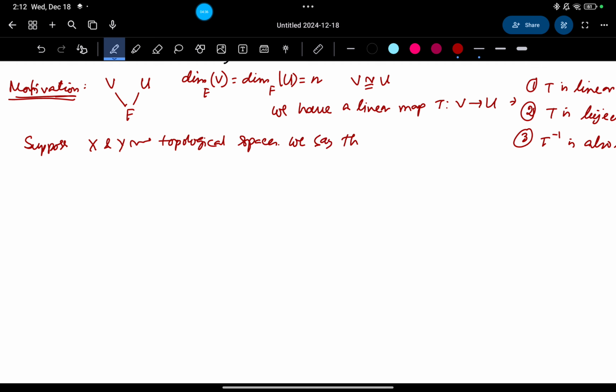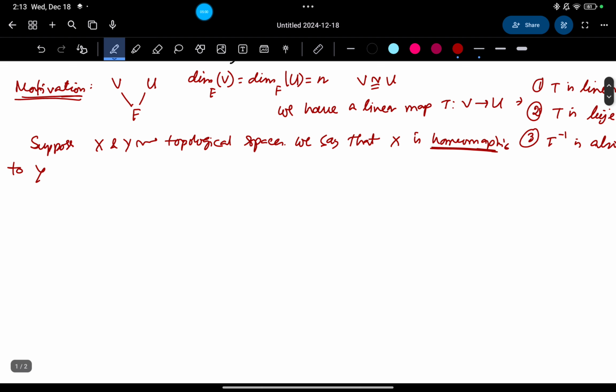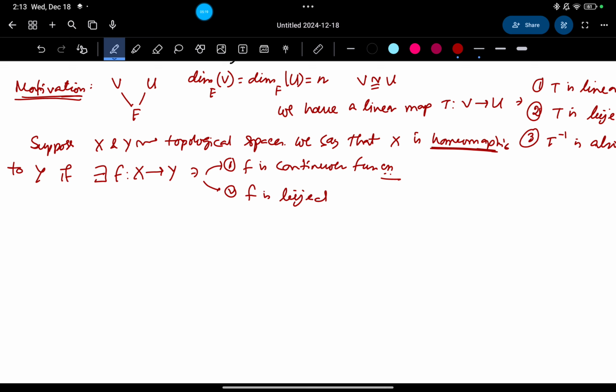We say that X is homeomorphic to Y if there exists a function f from X to Y such that, number one, f is a continuous function; number two, f is a bijective map; and number three, f inverse is continuous.